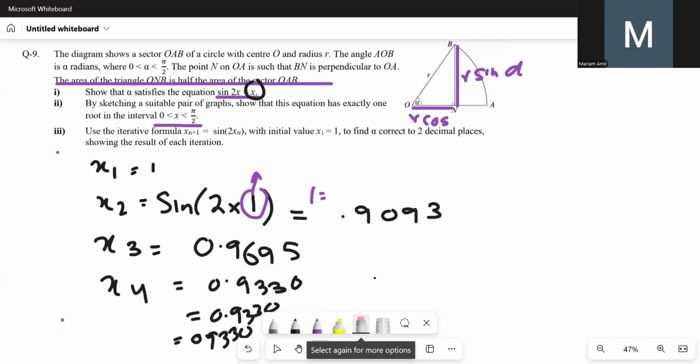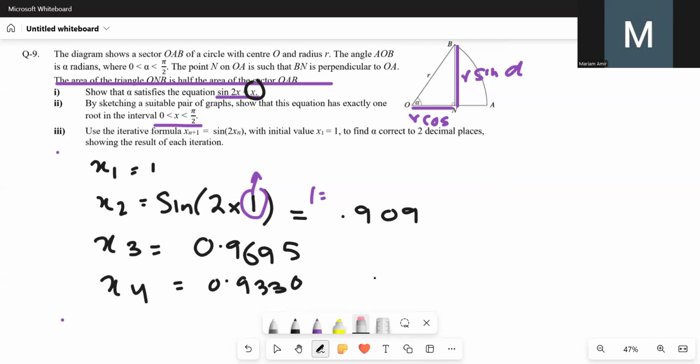And the result of the first iteration is 0.9093. The next iteration is 0.9694, actually 0.9695. Next is 0.9330. Next is, okay, so for some reason, I was not pressing equals when I thought I was.